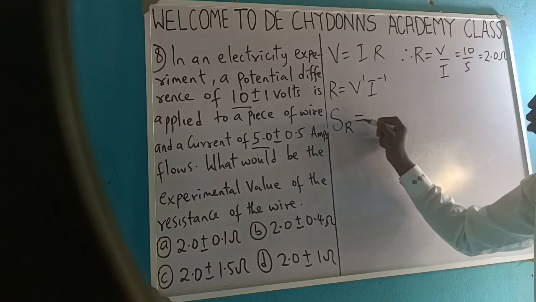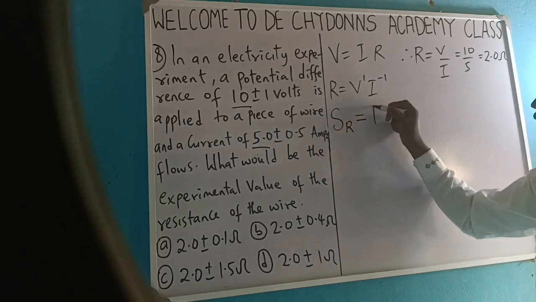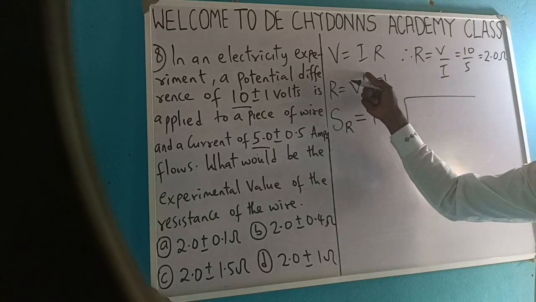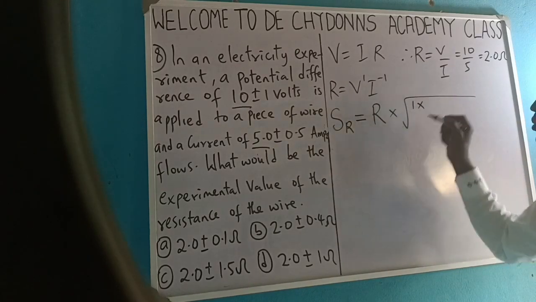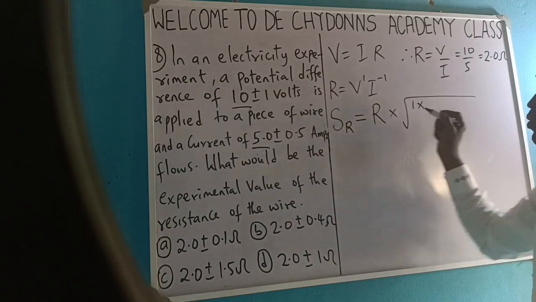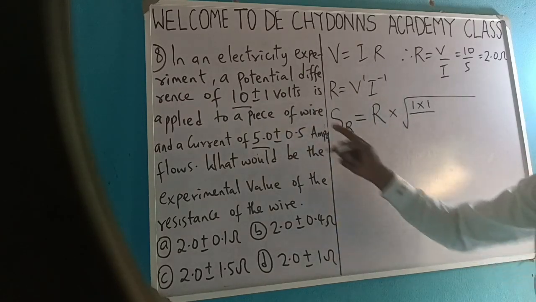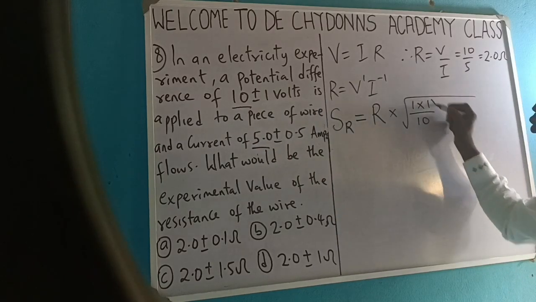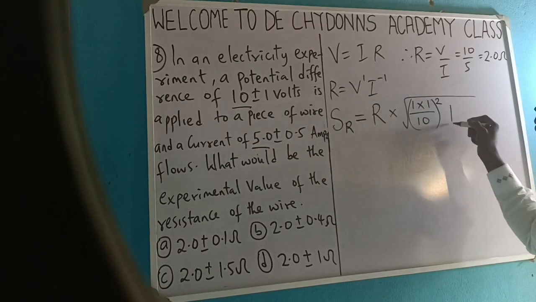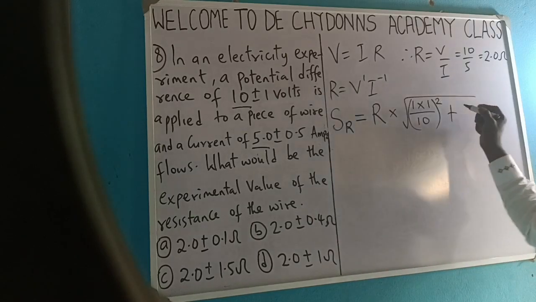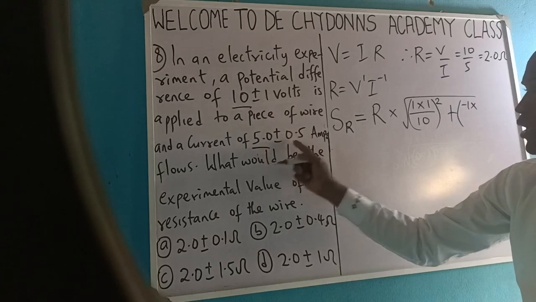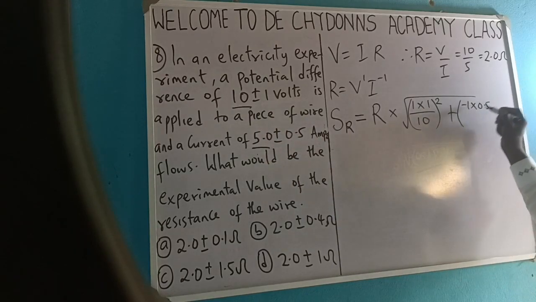And this is equal to, you say, the R gotten times square root of, what is the power of this? 1 times, what is the error? 1 all over, what is the voltage itself? 10. We'll square it. Plus, we'll come to this minus 1 times this 0.5 all over what? 5.